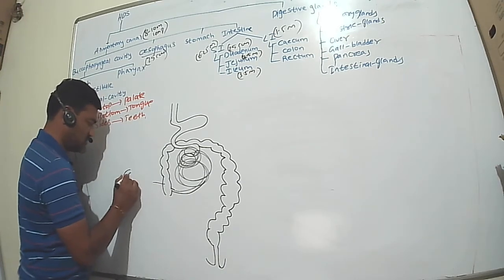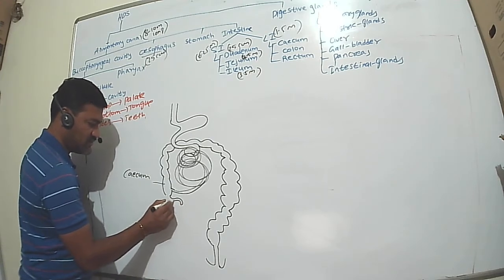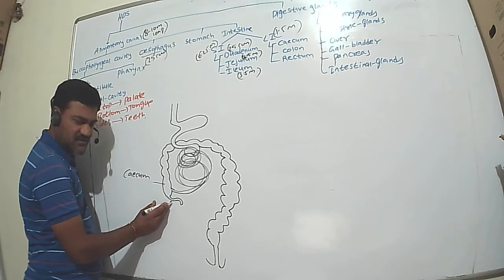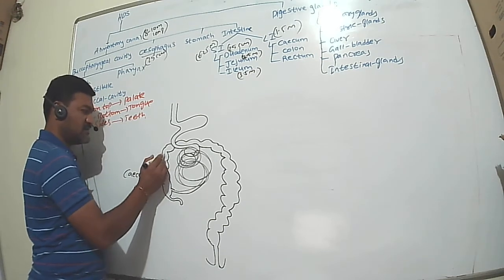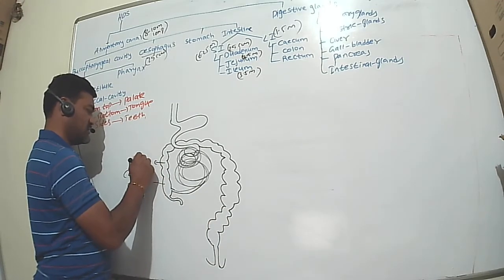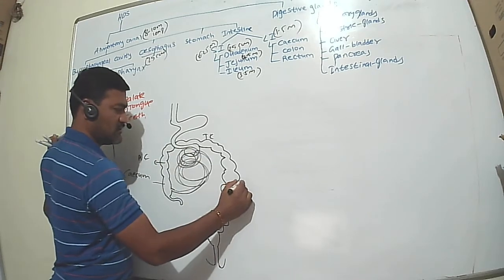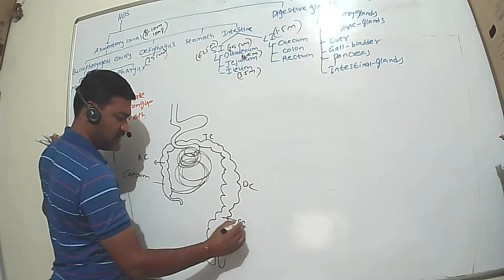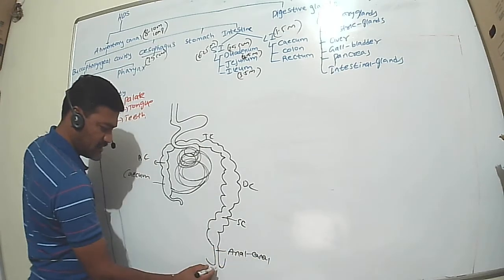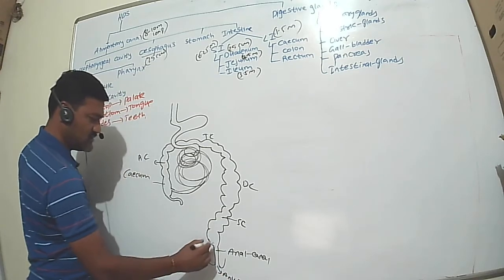So this is the cecum. At the bottom, it gives rise to a small tube about 8 to 10 centimeters long. That's called the vermiform appendix. Cecum, then the ascending colon, transverse colon, descending colon, this is the sigmoid colon, this is the rectum, the anal canal, and this is the anus.